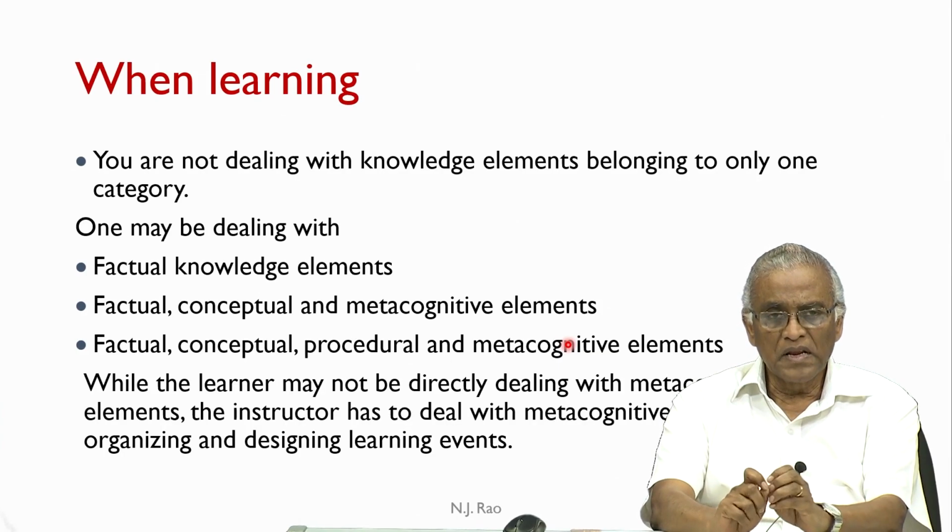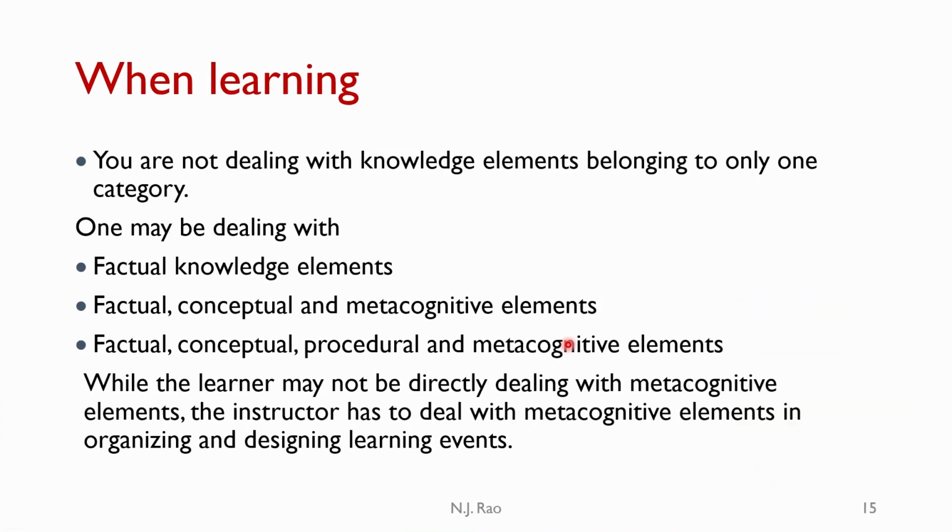So, one may be dealing with purely factual knowledge elements, or factual, conceptual and metacognitive elements, or factual, conceptual, procedural and metacognitive elements. It depends on the particular object of learning or particular learning activity. While the cognitive process is identified, the knowledge elements can be multiple.